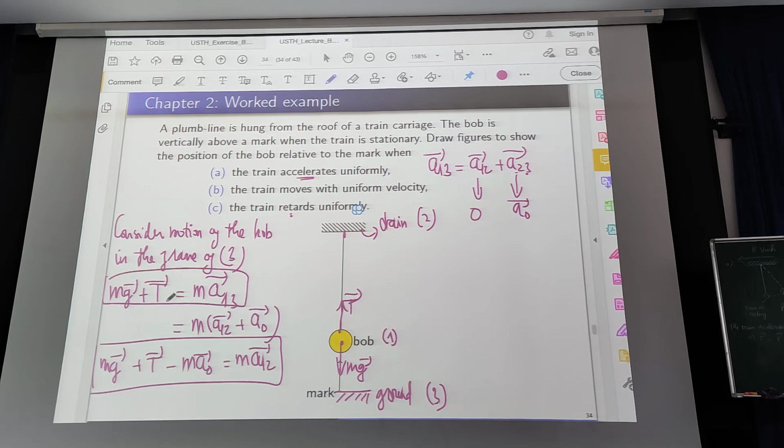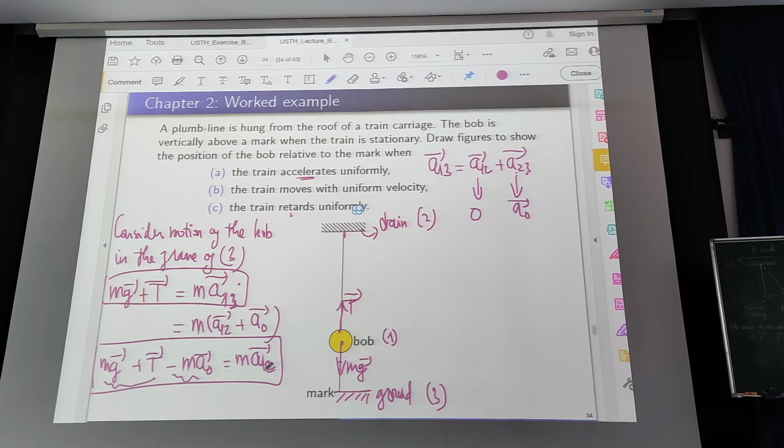The left hand side is the total force acting on the object. In the case of the inertial frame, you just have the normal forces acting on the object. And the right hand side is the mass and the acceleration in that frame. This is the frame of the ground. This is the frame of the train. In the frame of the train, in addition to these two forces, you have this force. And then the right hand side is still ma.